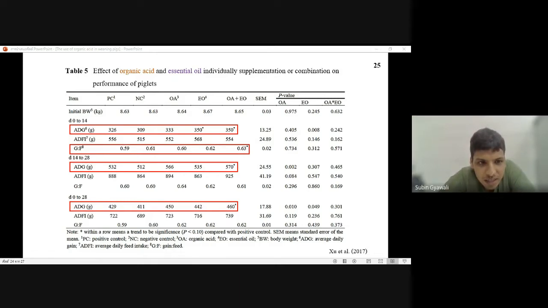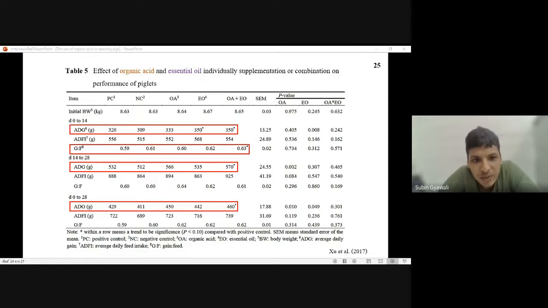If we see the 0 to 14 days, the average daily gain of the organic acid is 333, and the essential oil has 350. But if we go to day 14 to 28, the organic acid has 566 and the essential oil decreases.